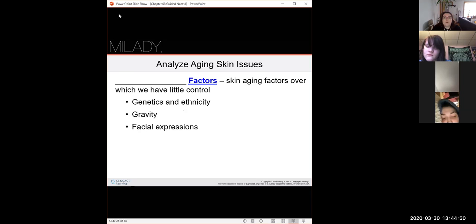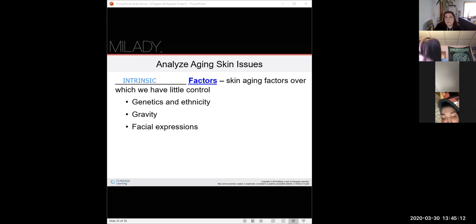So we have what are called intrinsic factors, okay? Intrinsic factors are all about skin aging. We have very little control over intrinsic factors. They deal with your genetics, your ethnicity. Gravity is going to take a toll on your skin.